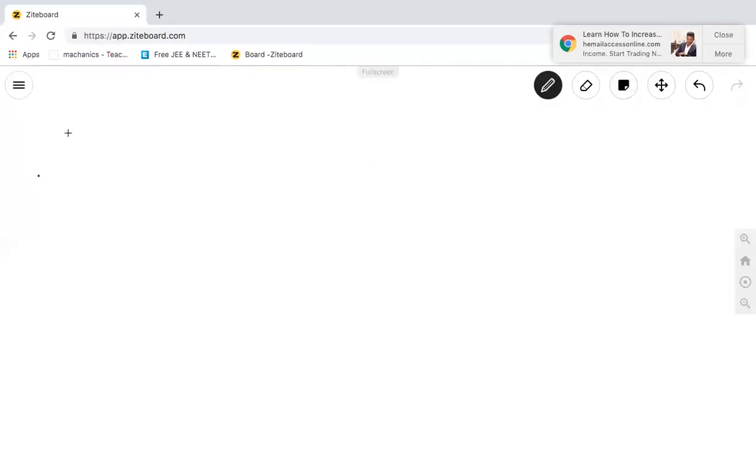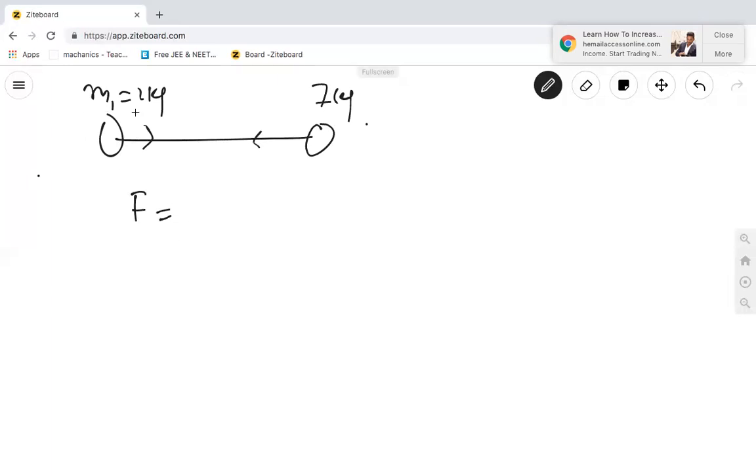Okay, I will give you one more example. Suppose this is a mass of 2 kg. This is a mass of 7 kg. And I am asking you what is the force between them. Your answer should be F. That force is on this, that force is on this, but the direction is opposite. I want to find the magnitude. That is G M1 M2 by R square, right? If you want to put it in vector form, then you have to multiply by the R unit vector.